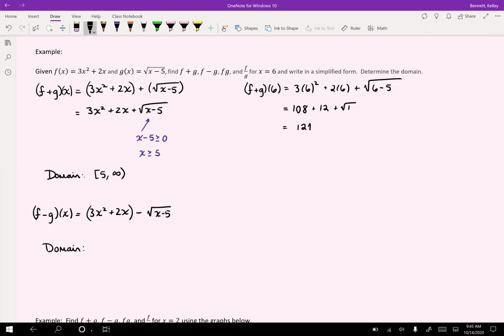So I still have 5 comma infinity. And then if I want to evaluate f minus g at 6, I'm going to get 3 times 6 squared plus 2 times 6 minus the square root of 6 minus 5. So that gives me 108 plus 12 minus 1. So now I'm at 119.